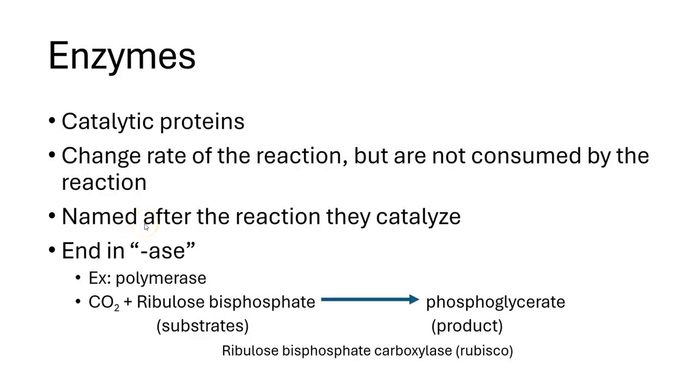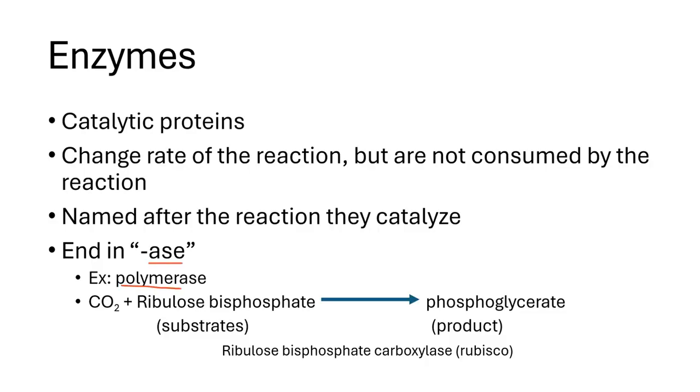All right, so we say that enzymes are named after the reaction they catalyze. So they really give you a clue as to what their job is, since they're named after the reactions. We also tend to find that they end in -ase.